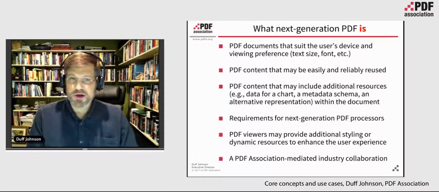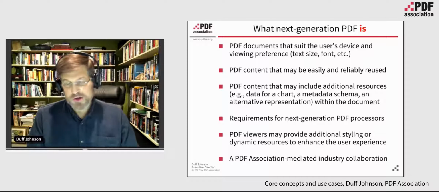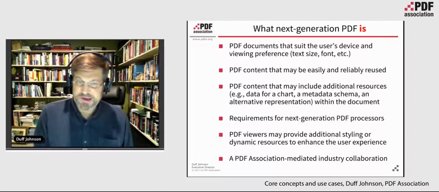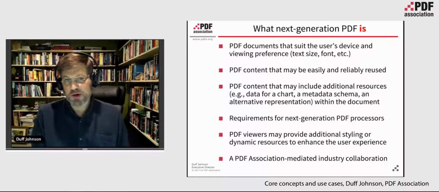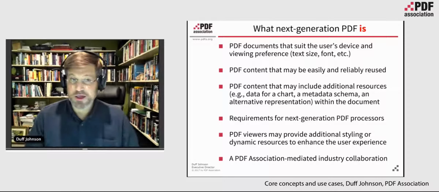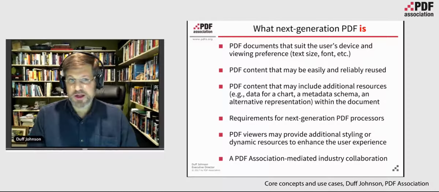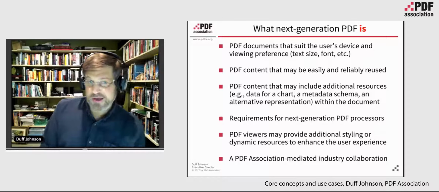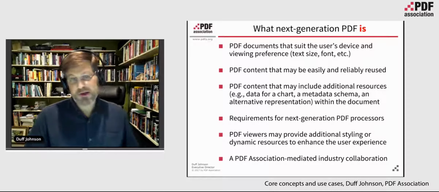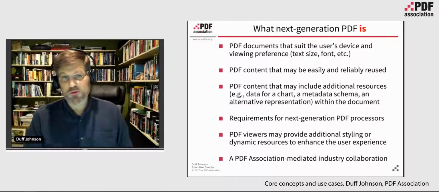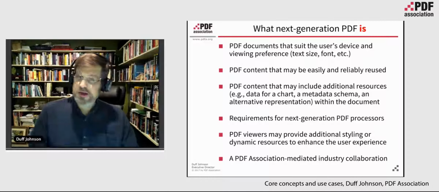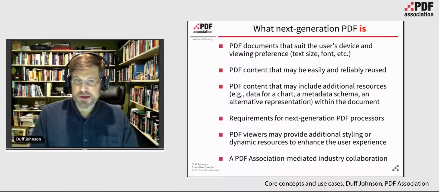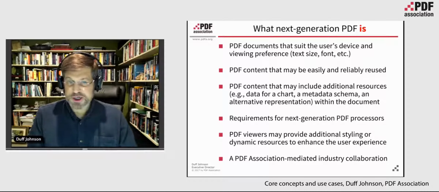And beyond that, I mentioned this feature, or it was on the slide a while ago. Associated files are another aspect of PDF 2.0 that could be important here. For example, it would be possible to include data that would be the supporting data for a bar graph, and you can include that data in the PDF file, have it linked to the bar graph via a structure element, and thus make it possible to provide the user the facility to extract the data behind a particular graph by simply having the viewer be aware of the associated file relationship between the graph and the data, and making the obvious connection.